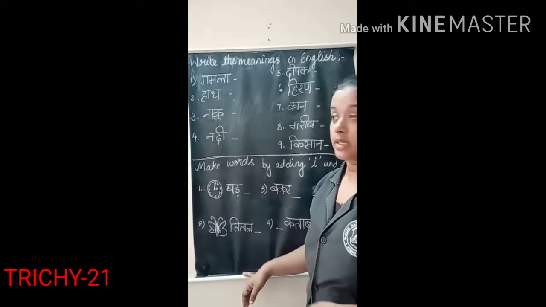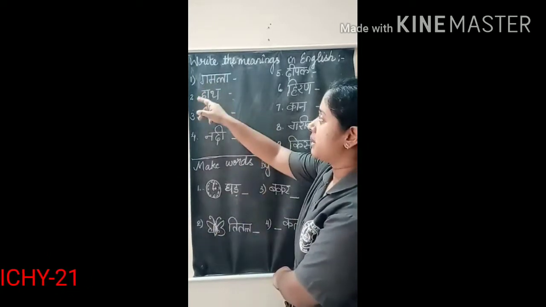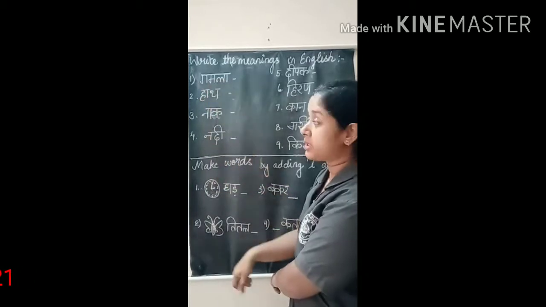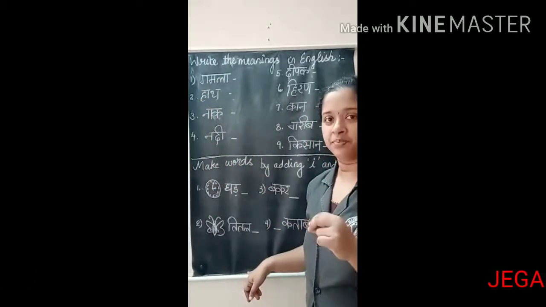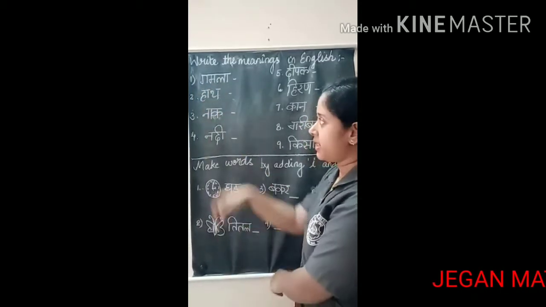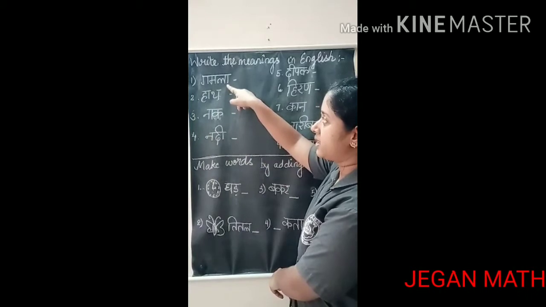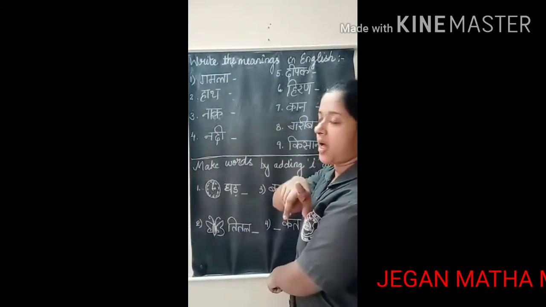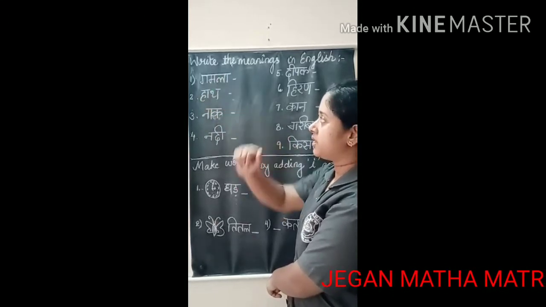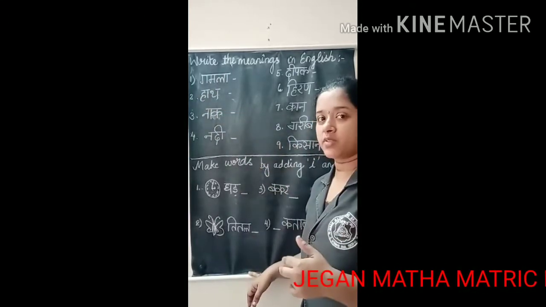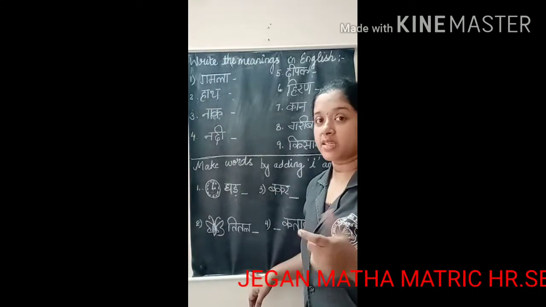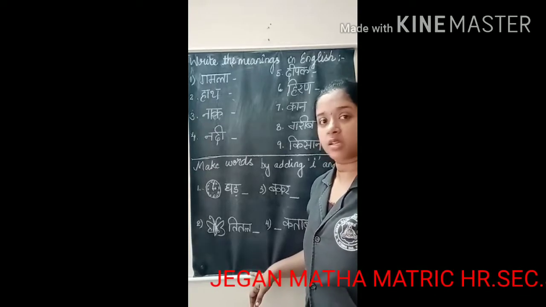The first word is Gamla. It's a 3-letter word, and all of these letters are consonants. Ga ma la. See here, on the last letter one extra line is there, that's the symbol of a. So I'm giving a little bit of stress to the consonant la, and we pronounce it as Gamla. The meaning of Gamla is flower pot.